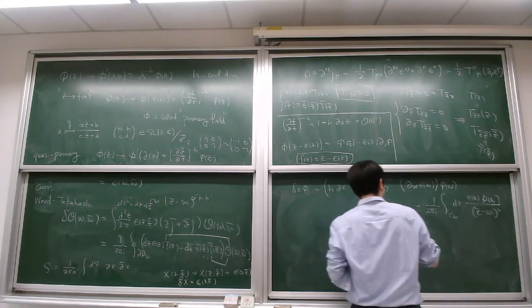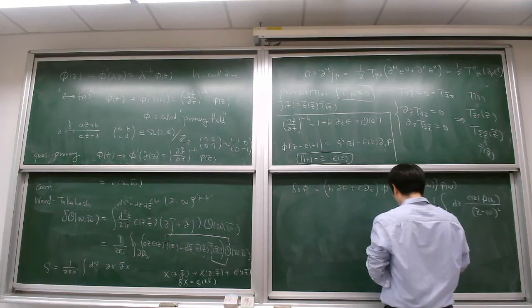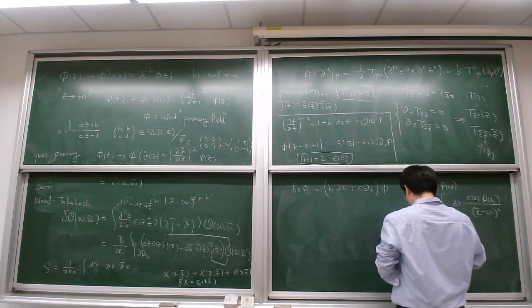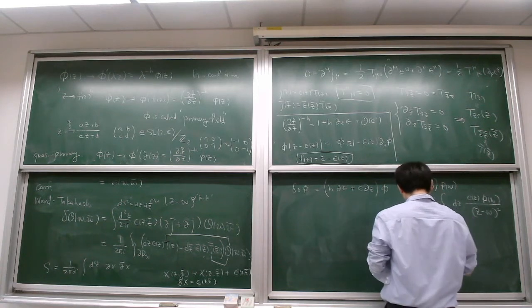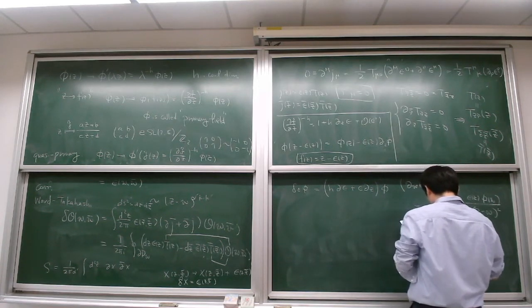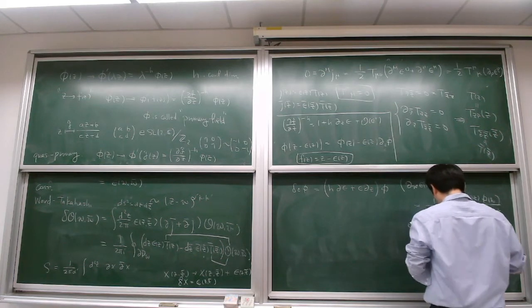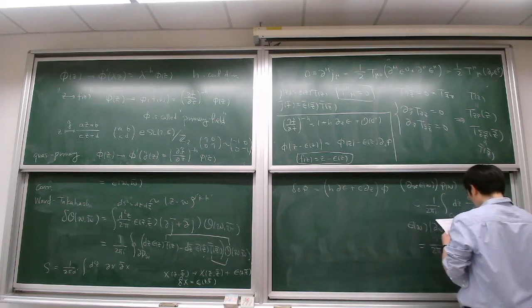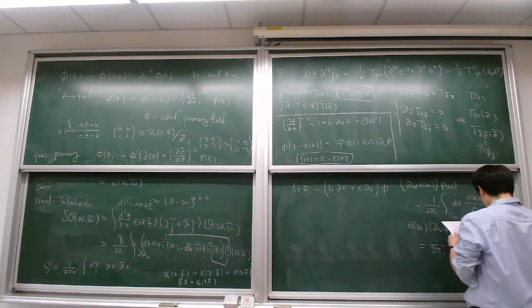and also, as you can see, plus 1 over 2 pi i, the contour integral around w of dz epsilon of z, partial w phi of w, over z minus w.